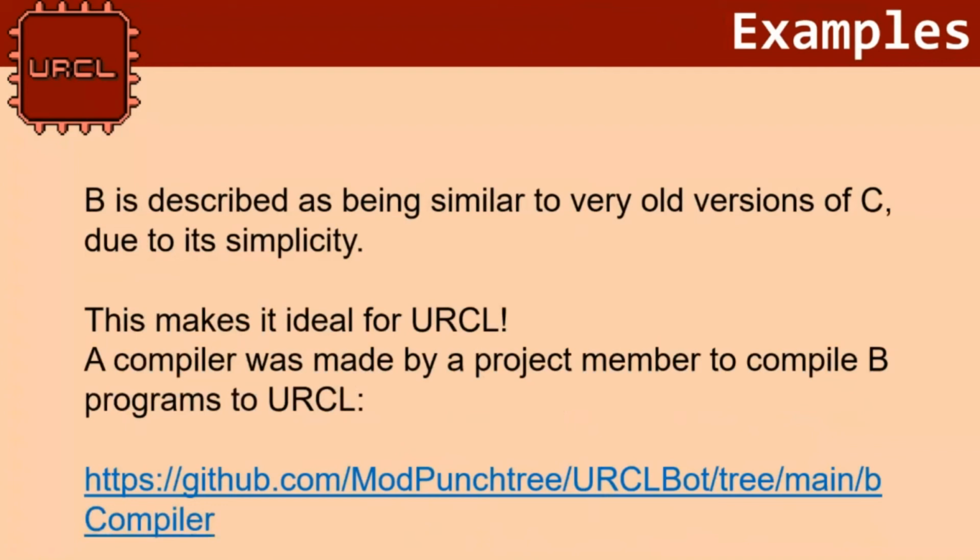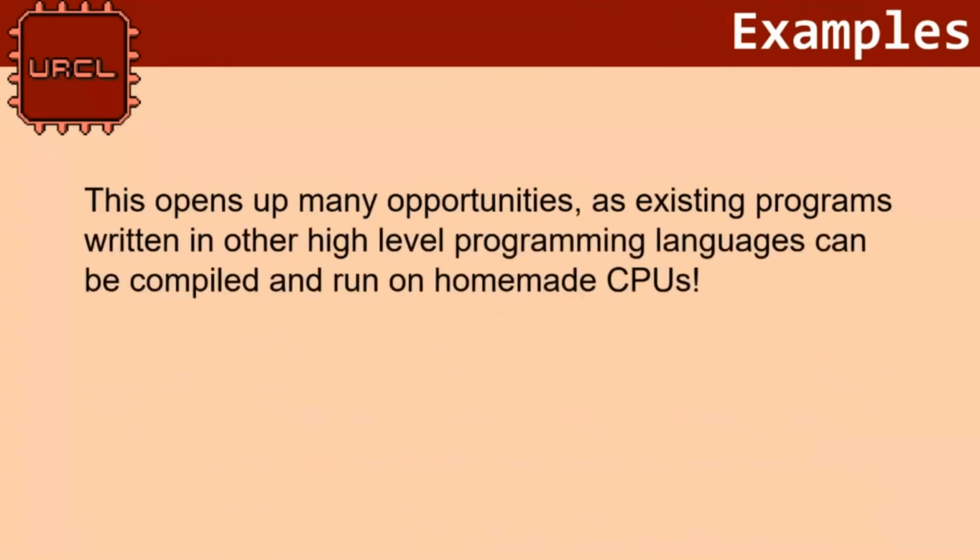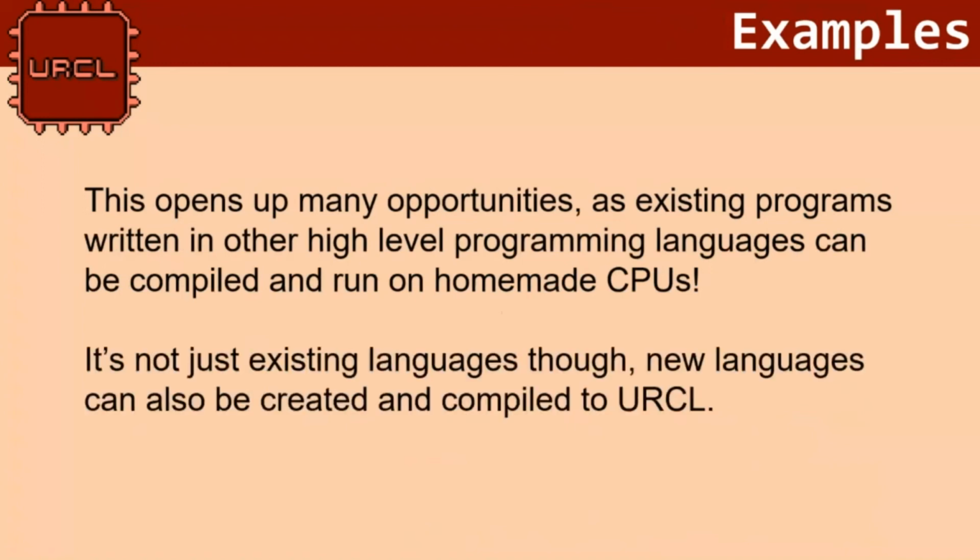A compiler was actually made by one of the main project members to compile programs written in this B language to URCL. So this means that if you build a CPU which supports URCL, you can actually run programs written in B on it, which opens up a lot of opportunities because it means that real programs written in essentially real programming languages can be compiled and run on homemade CPUs.